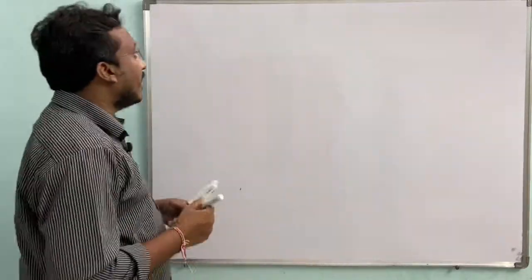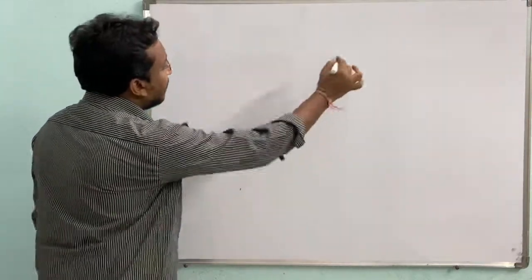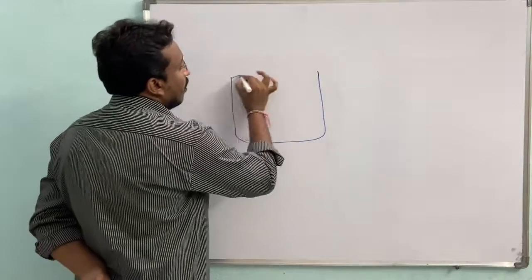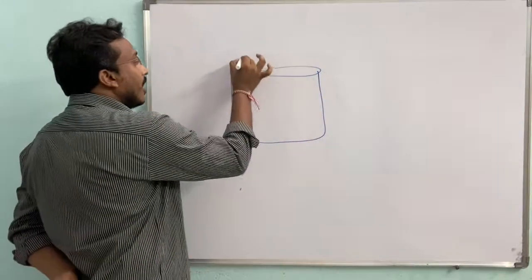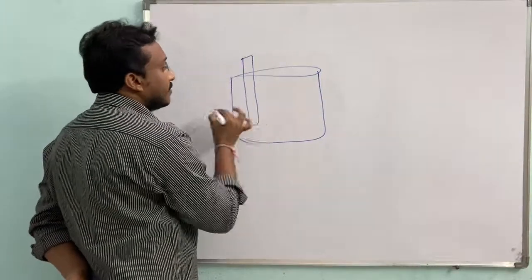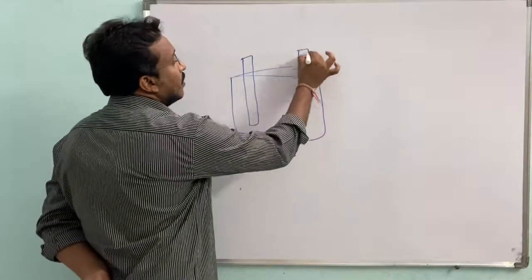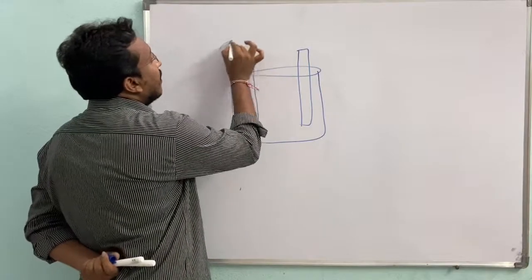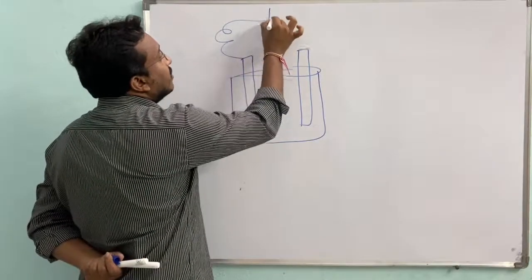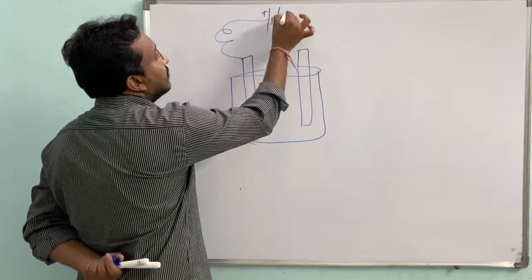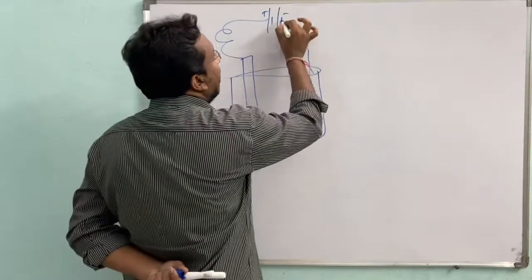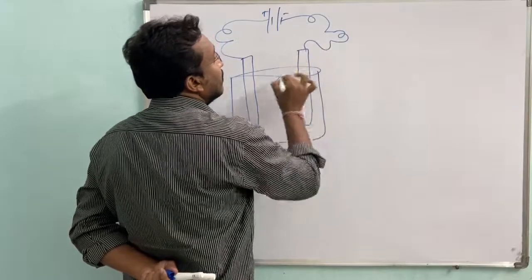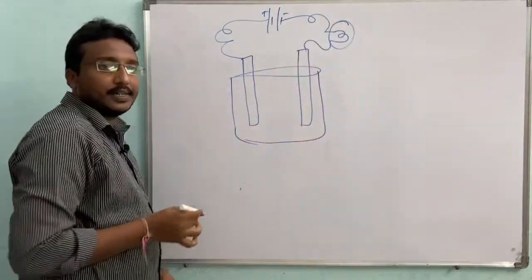Then for that, take a beaker. Arrange two graphite rods, connected to a battery, and one end connected to a bulb.